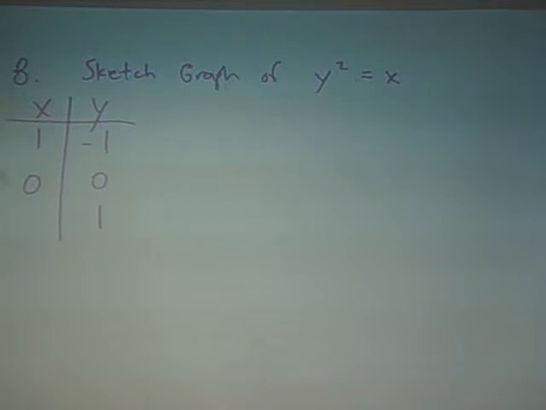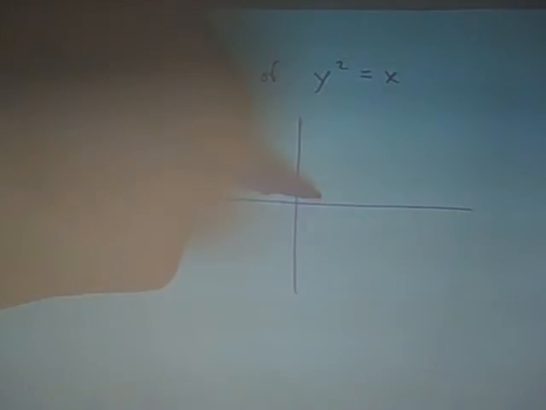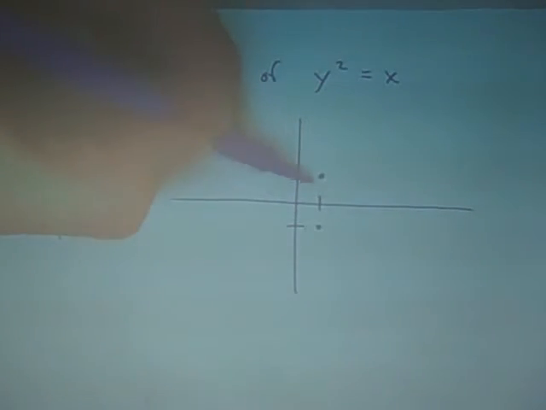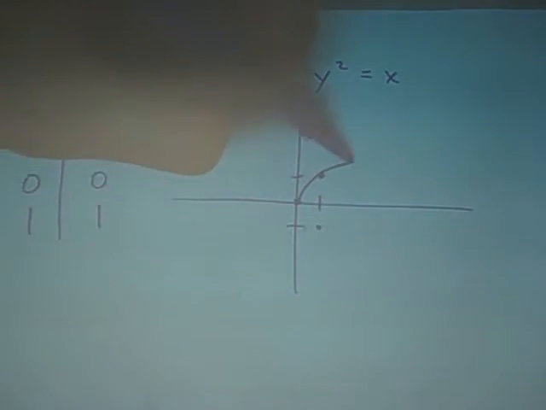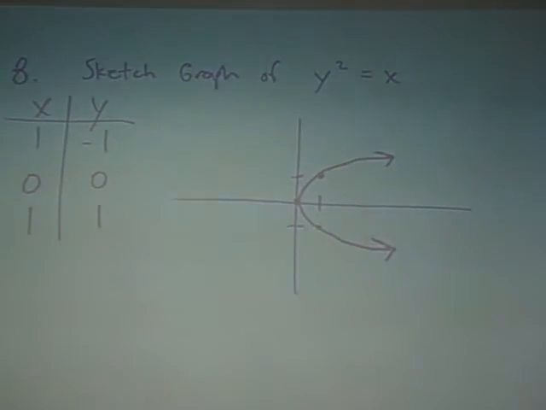If you put in +1, you square it, you get +1. And so what you kind of see here, this is going to be a parabola, except since we've switched x and y, it's going to be a parabola on its side. So sketch the graph. 1, -1 is here. 1, +1 is here. 0, 0. And so this is a parabola on its side.